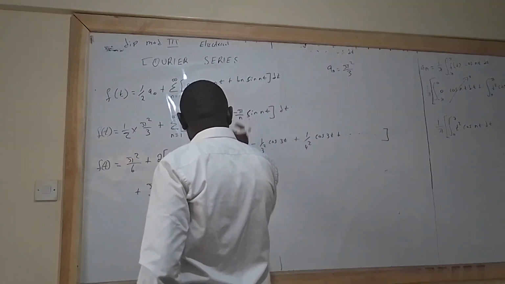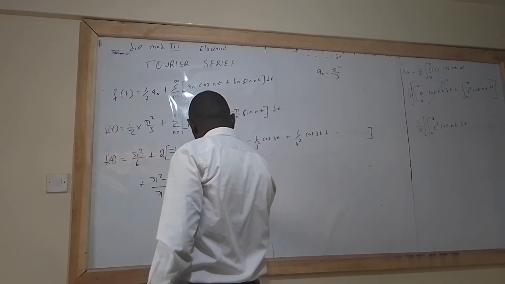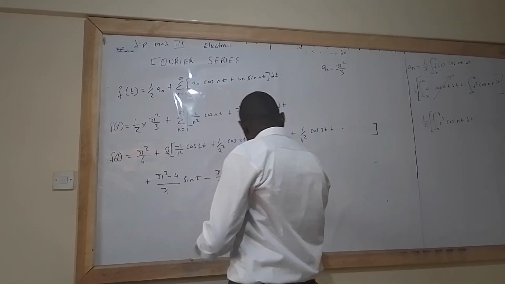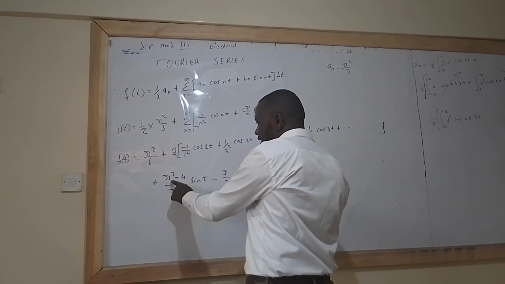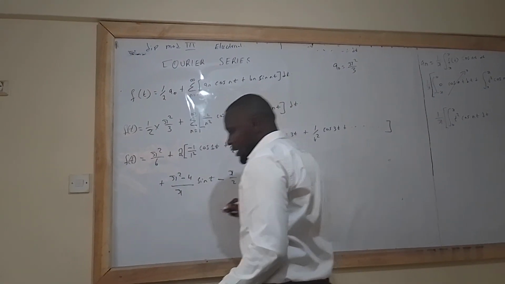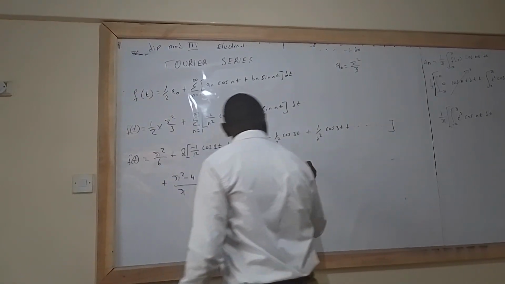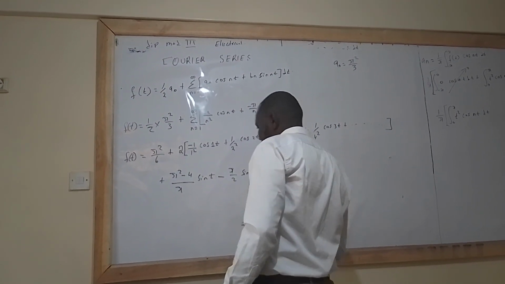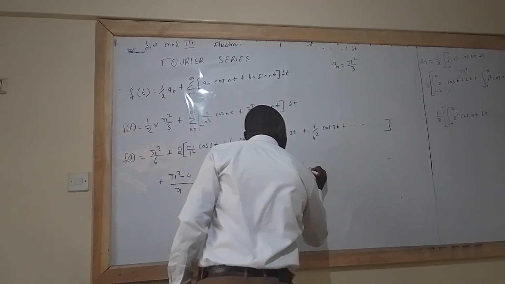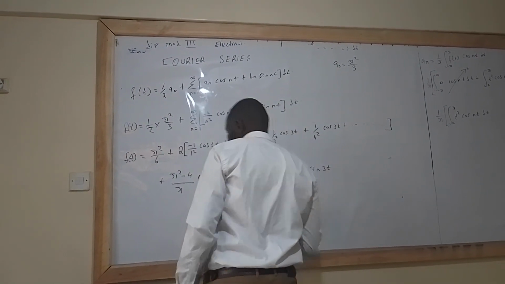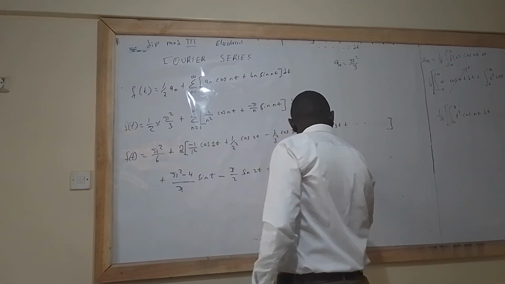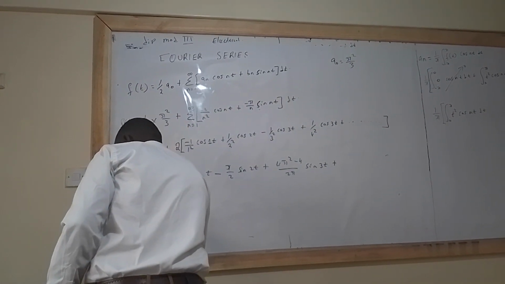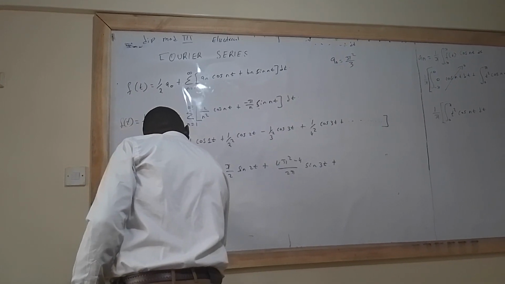Minus pi over 2 sine of 2t plus 4 pi squared minus 4 divided by 2 pi sine 3t plus negative pi over 4 sine 4t.